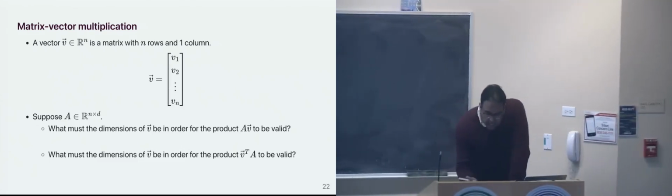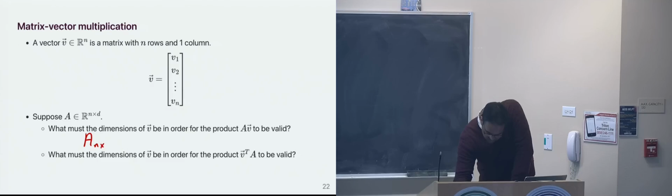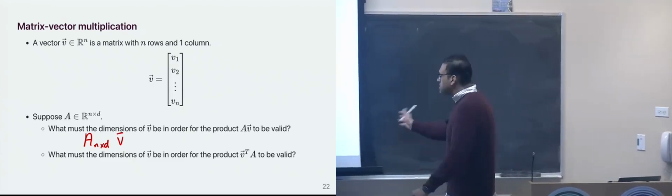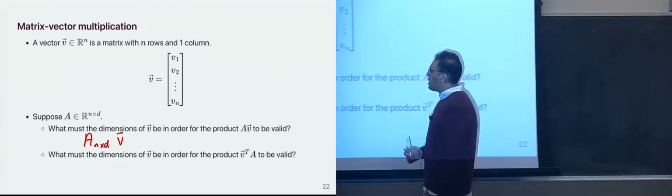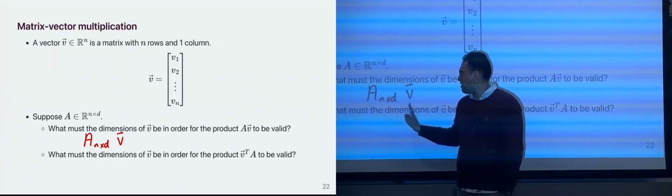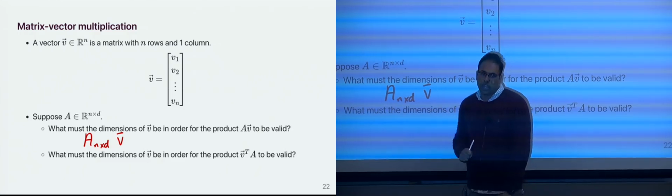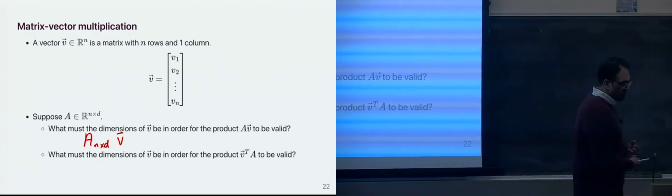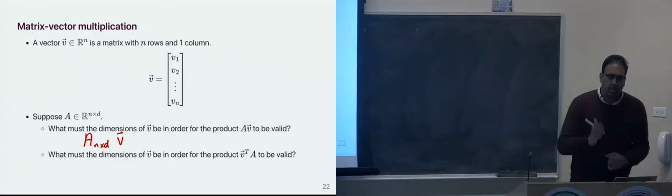So let's suppose A is a matrix with n rows and d columns. What must the dimensions of V be so that we can multiply A by V with V coming on the right? How many rows and columns must V have? Karen?